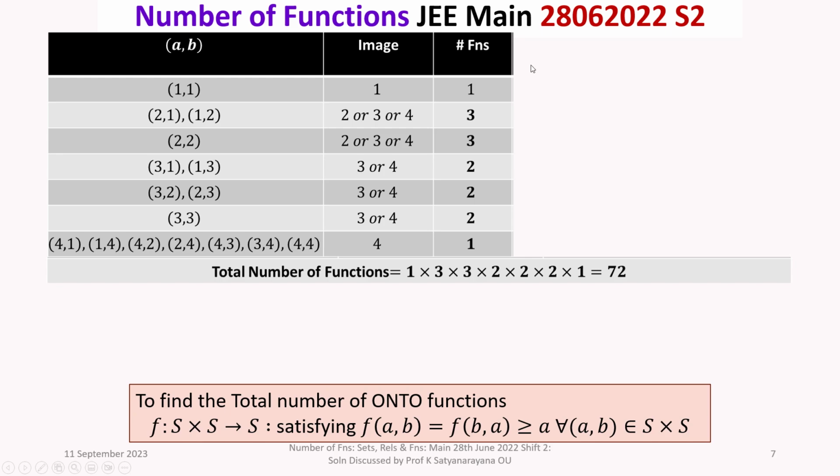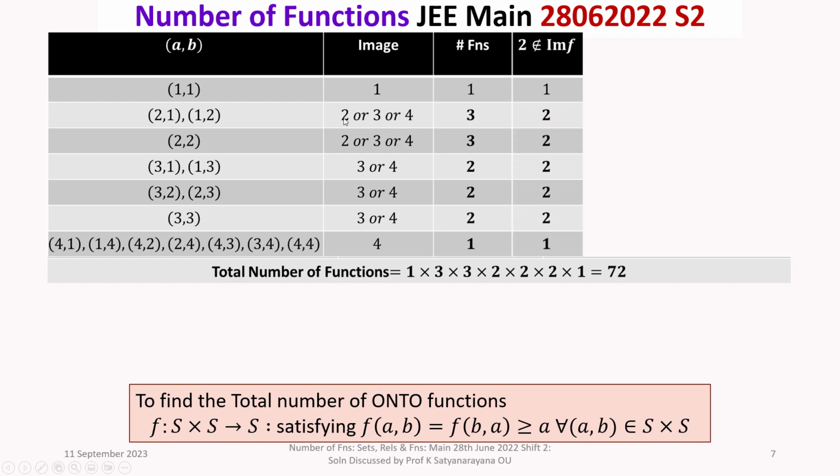Now let us count those functions which are not onto. Not onto means one of the elements of S is not mapped by any ordered pair by the function f. Then it will come out as a not onto function. So let us take 2 does not belong to the image of f.